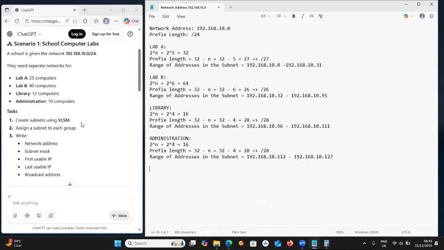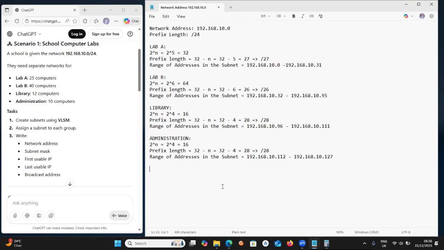Now we want to assign a subnet to each group. This one is having a subnet, this is having a subnet, this is having another subnet, and this is having another subnet. So we have 4 subnets already. Now we want to write the network address.